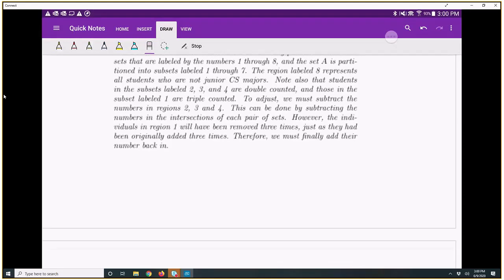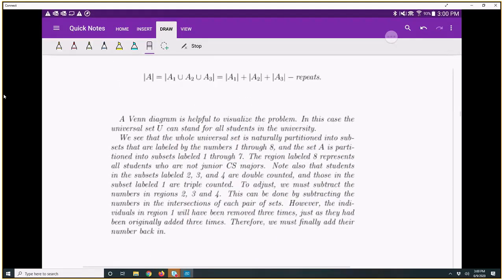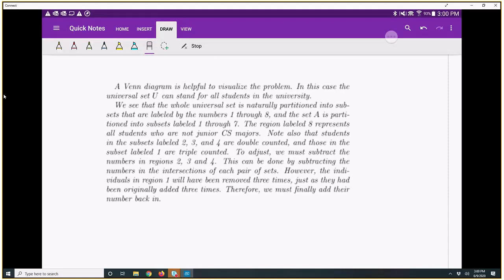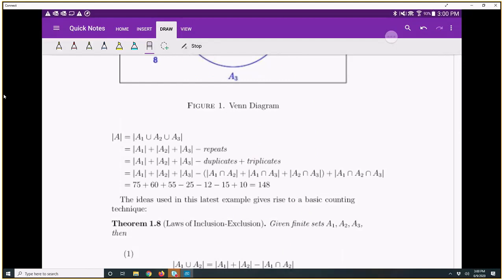To make the adjustment, we'll subtract the numbers in regions 2, 3, and 4. But then we'll have removed those in region 1, so we'll add them back in, and I'll show you what we mean. So the cardinality of the set A should be the cardinality of the union of the 3, which should be the cardinality of A1 plus the cardinality of A2 plus the cardinality of A3, subtract all of the duplicates, and then add in the triplicates because they got subtracted one too many times.